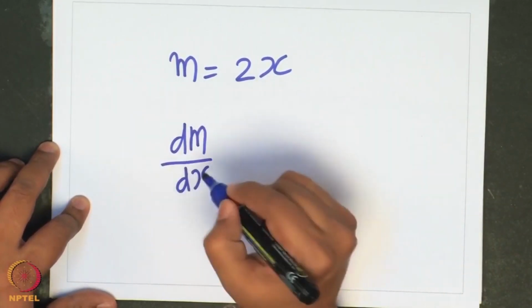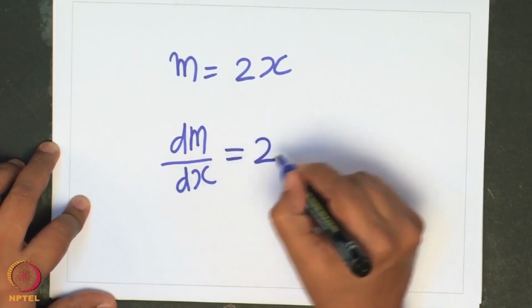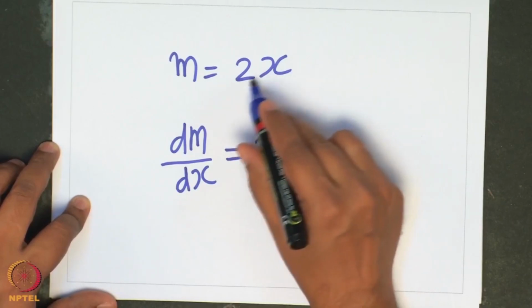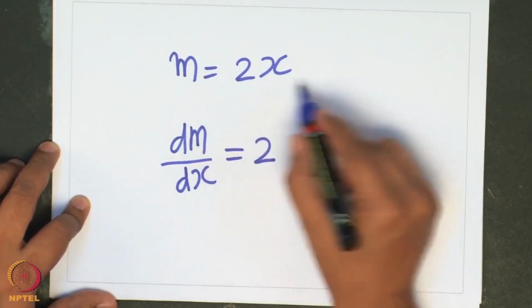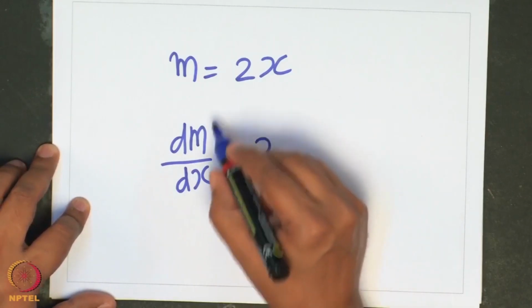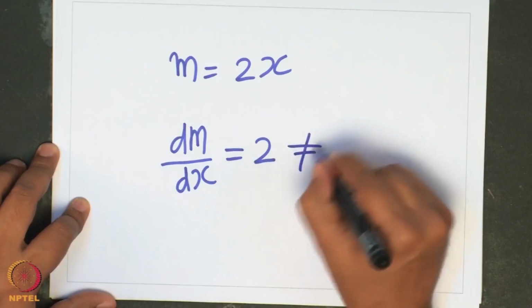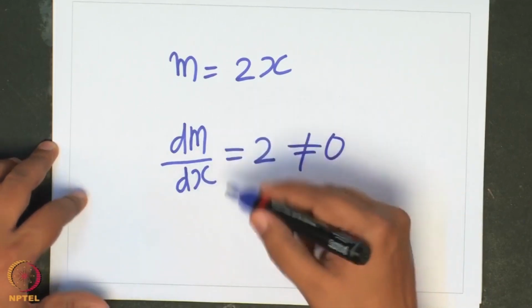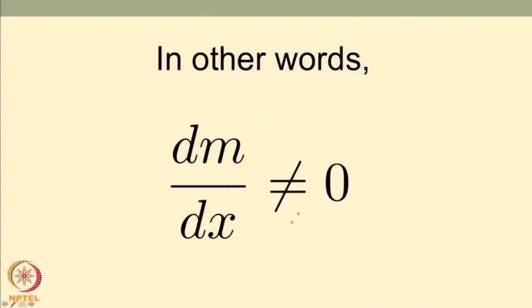How does the slope itself change? Here this turns out to be 2, since we know the derivative of 2x is 2. m is equal to 2x, dm by dx is 2, which is not equal to 0. So that means the slope of the slope, dm by dx, is not equal to 0.